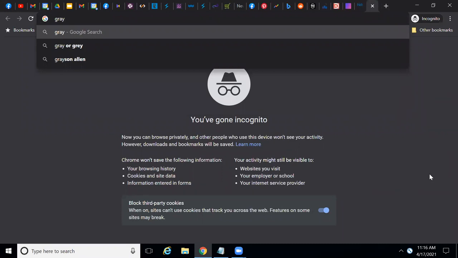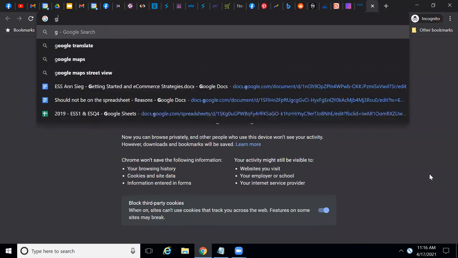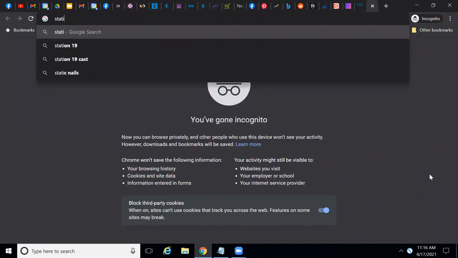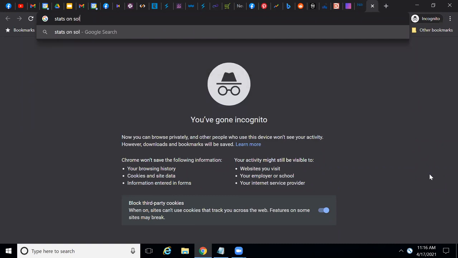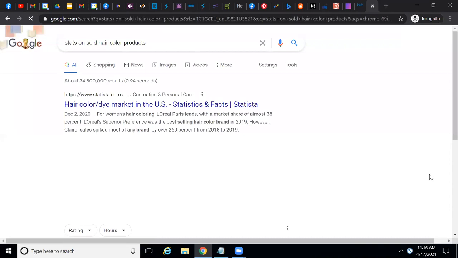Well, okay, so one example of products sold could be hair dye. So let's go look and see what the statistical information is on the number of hair color products sold. It's going to be a ridiculous number. I already know that.